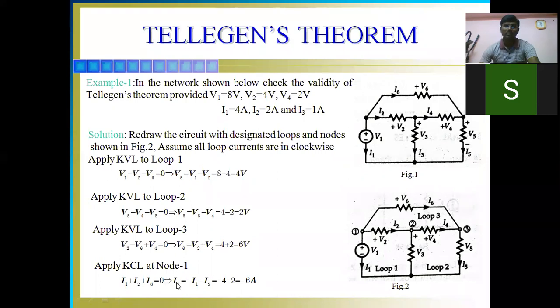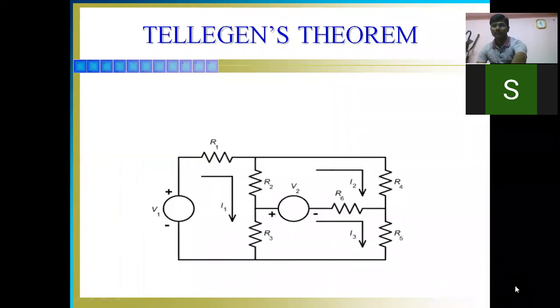From this, I6 is equal to minus I1 minus I2, which is minus 4 minus 2, minus 6 amps.